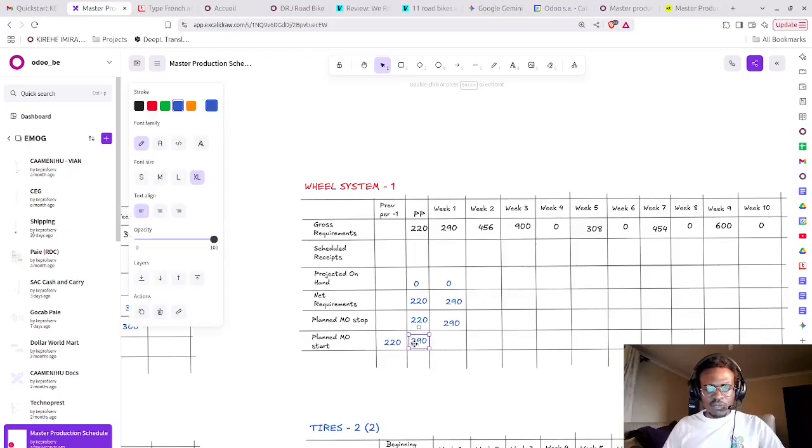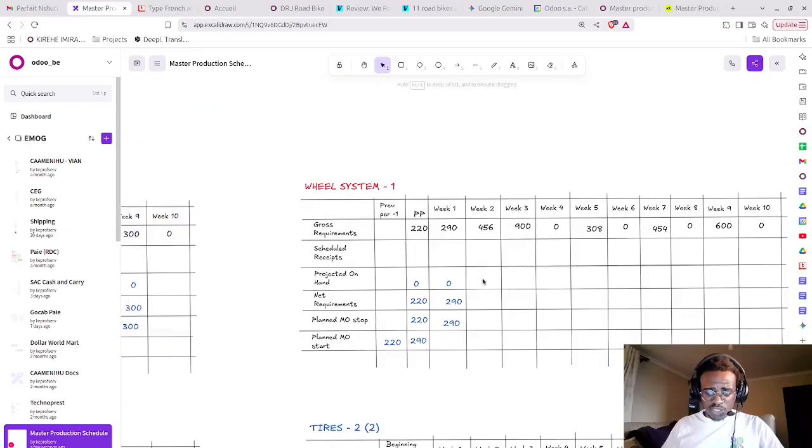Now I've noticed I've been making a mistake during the video, so allow me to correct myself. It's not 290 manufacturing orders. It is one manufacturing order for 290 bikes, one manufacturing order for 154 items. I hope you get it. I've just noticed I've been confusing myself up here.